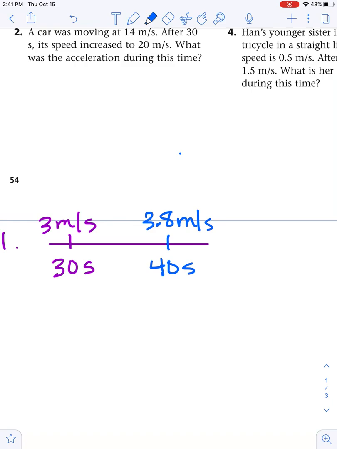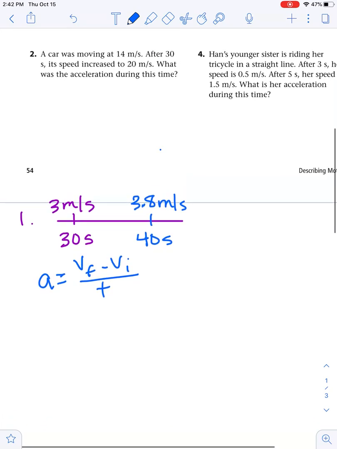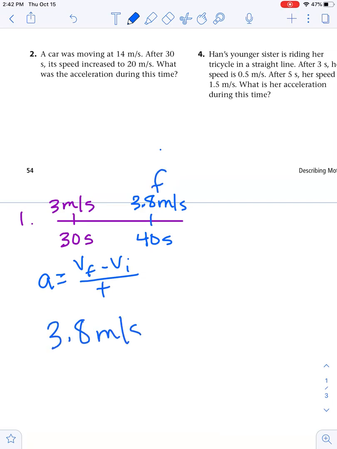So my formula for average acceleration is velocity final minus velocity initial over time, okay? So what am I going to plug in? Here was my final. So that's 3.8 meters per second.